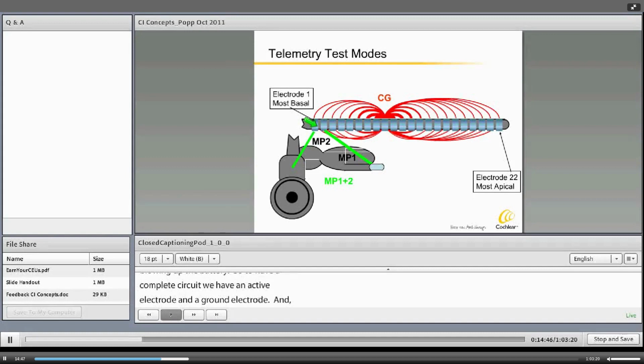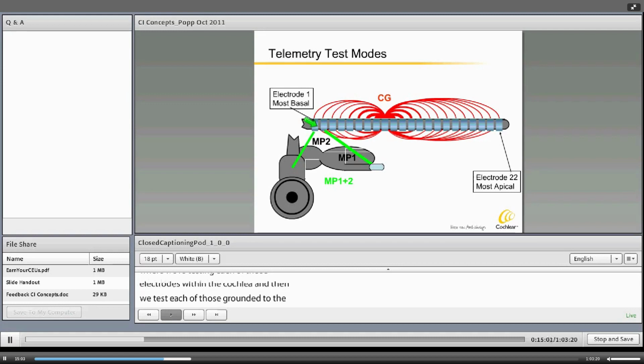And so we have that common ground mode where we're testing each of those electrodes within the cochlea, and then we test each of those grounded to the MP1 electrode.